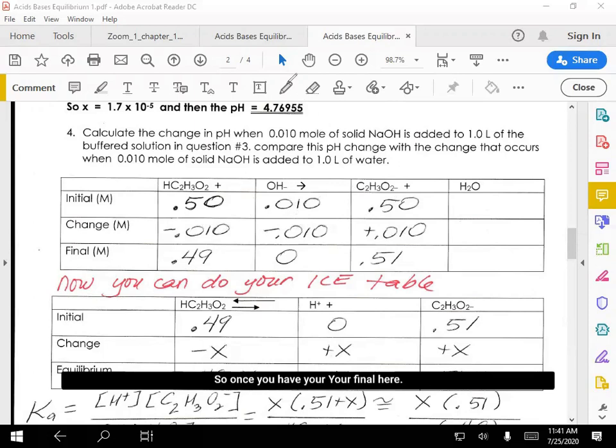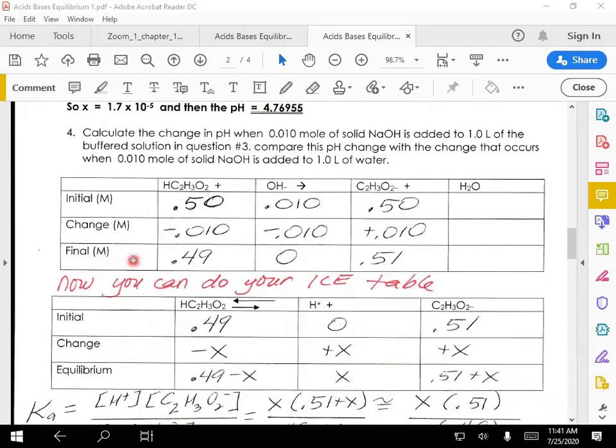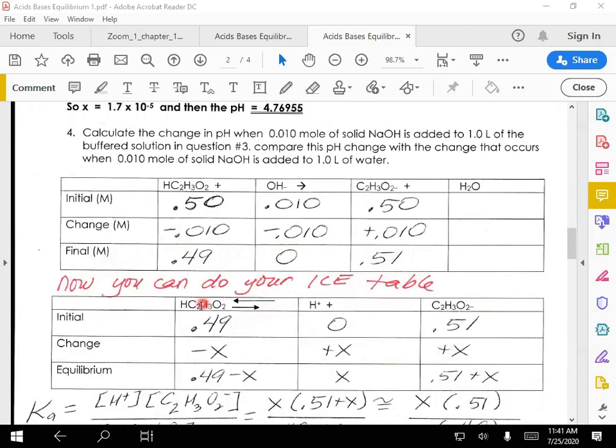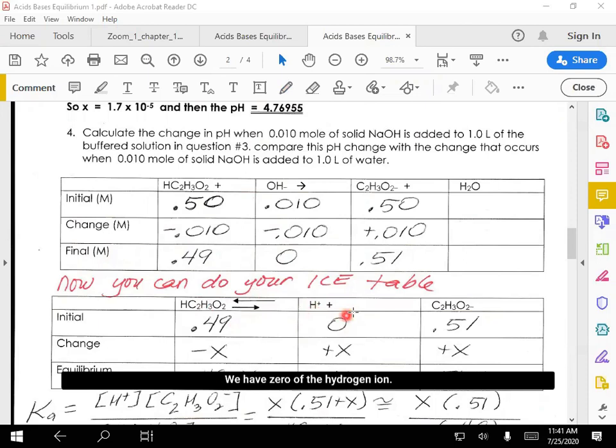So once you have your final here, this final is what you're going to use to put into your ICE table. So this was our final concentration of acetic acid. That's where we get the value here. We have 0 of the hydrogen ion. And then this was the value of the acetate we had from our table. We put that in here.